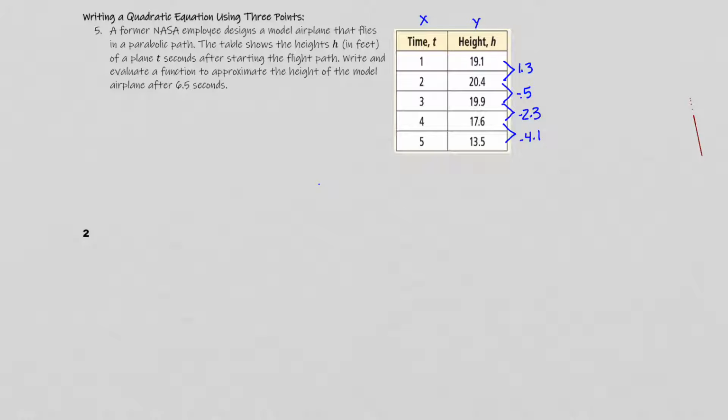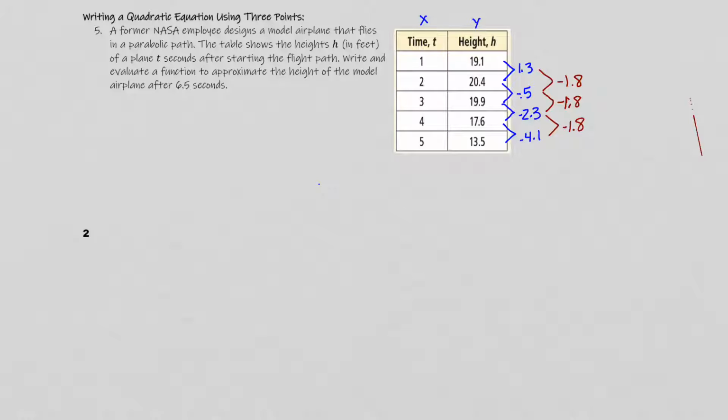So I can tell right there this is not linear because those are not all the same number. So I'm going to do it again. -0.5 minus 1.3 is a -1.8. -2.3 minus a -0.5 is a -1.8. So many negatives I'm saying. All right, and a -4.1 minus a -2.3 is a -1.8.